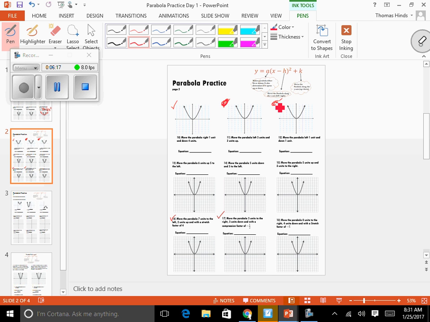No, the back page, that one there, number 12. Did they do it down? Make sure there's a number on the outside. That tells you up and down.